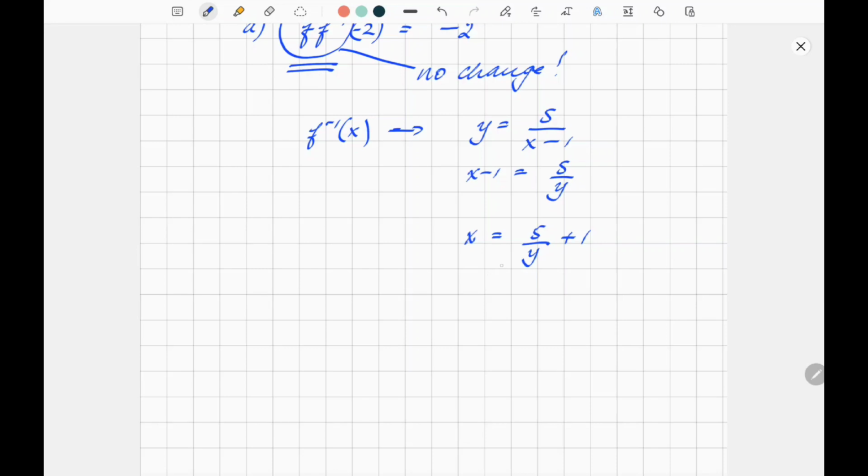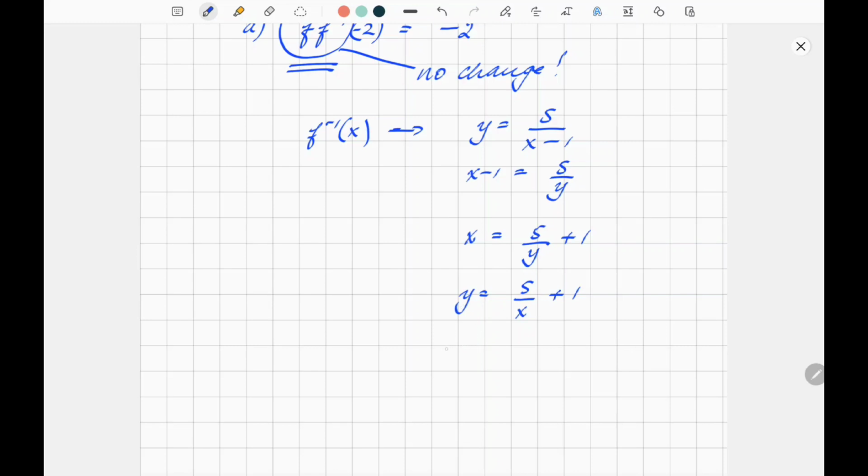It doesn't quite make sense. So y should be right. This is the bit that's confusing me. I think it's the wrong way around.